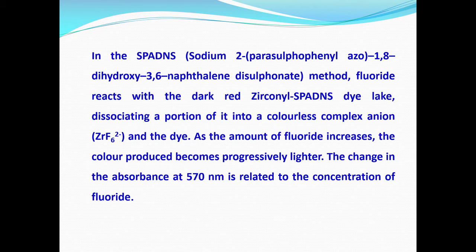As the amount of fluoride increases, the color produced becomes progressively lighter, because the red zirconium SPADNS complex will keep on decomposing. So, the change in the absorbance at 570 nanometer is related to the concentration of the fluoride. That is the basic principle.